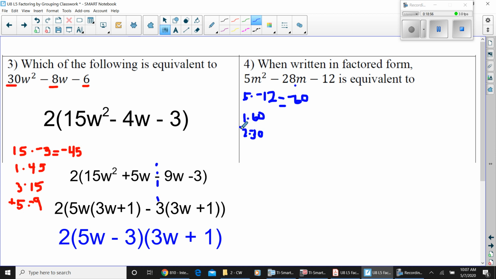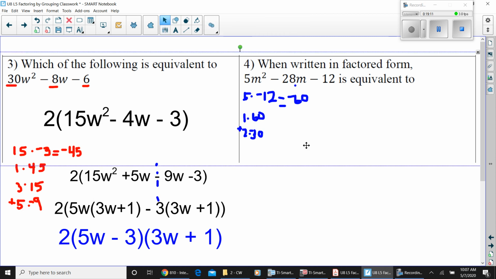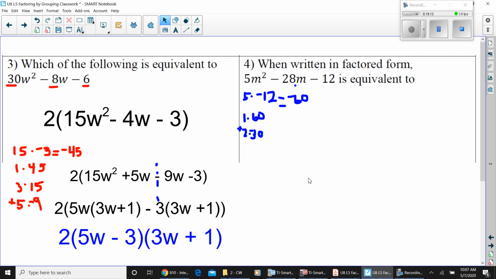So negative 30 and a positive 2 would do it: 2 minus 30 equals negative 28, and 2 times negative 30 equals negative 60. Those are my factors. So we could stop right there, which is really good because it's better than looking for all the factors.